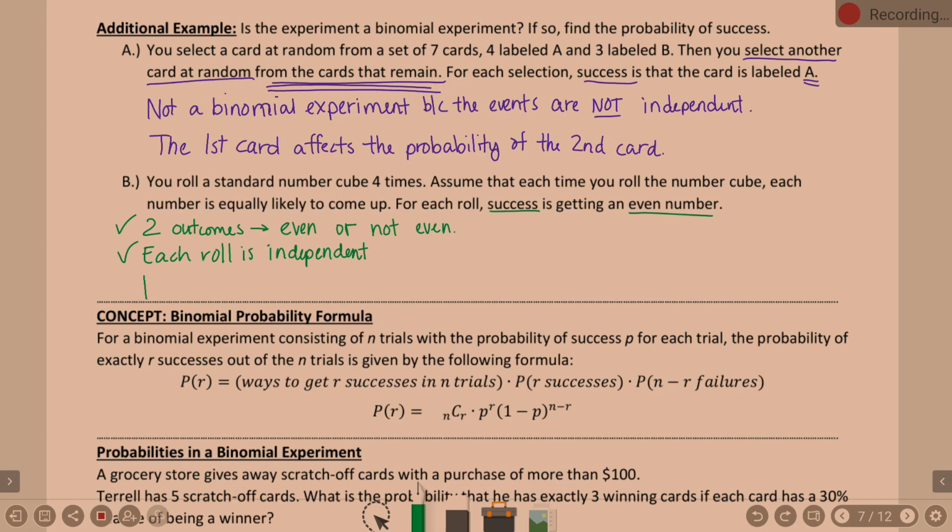So probability of success in this case is the probability of getting an even. Is it the same? Yeah, the probability of getting an even is always going to be 3/6 or 1/2. So this one is indeed a binomial experiment.